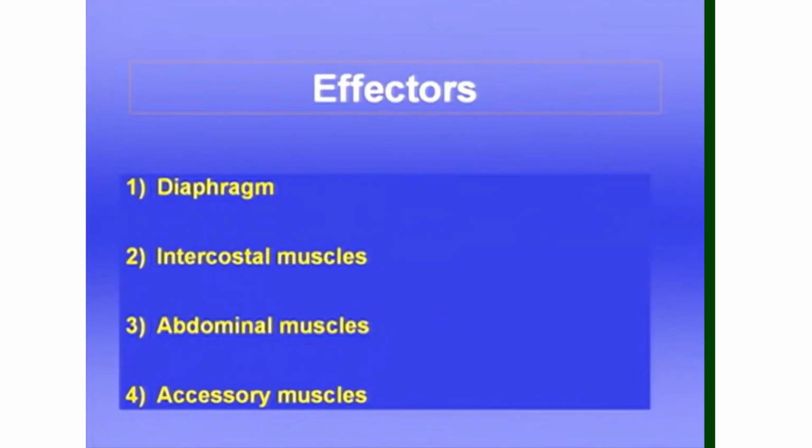Now, as I said, we don't need to spend much time on these because we looked at these in detail in the session on ventilation. And just to recap, though, the most important muscle of inspiration is the diaphragm, you recall.